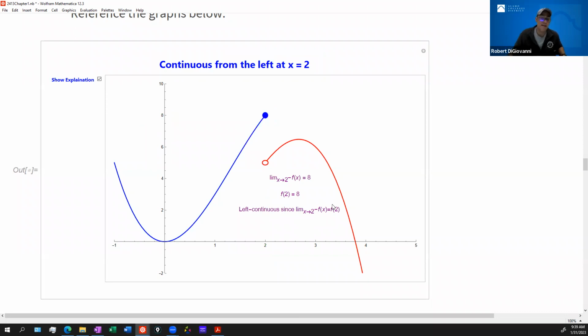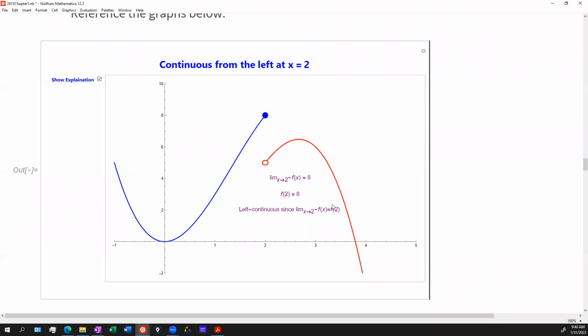Is this function continuous at 2? I just said it's left continuous, but is it continuous? No, it's not continuous. Why? There's still a jump and a hole at 2.